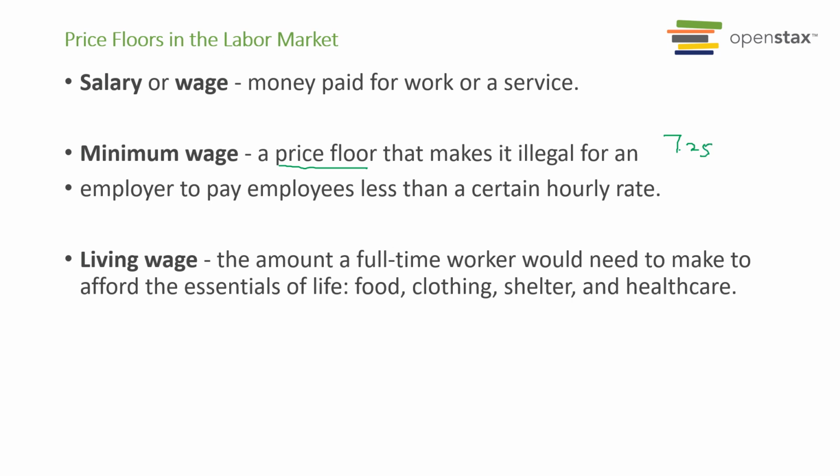In different places, you might see a different minimum wage. Let's say for Seattle, the entire city, the minimum wage there is $15 per hour. California is $15 per hour. New York City is also $15 per hour, and New York State is on the way to becoming $15 per hour. So many local municipalities are seeing a higher minimum wage now.